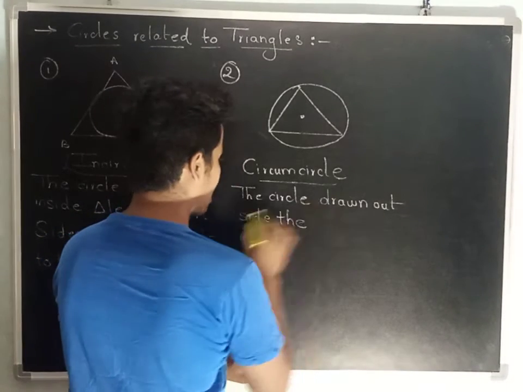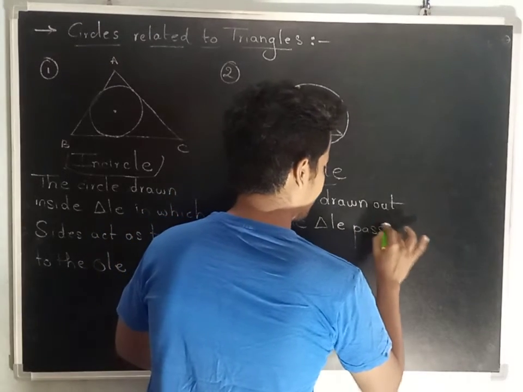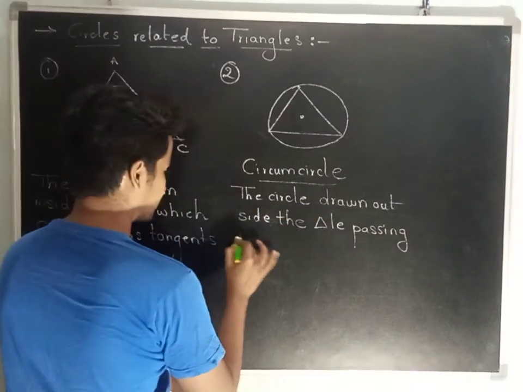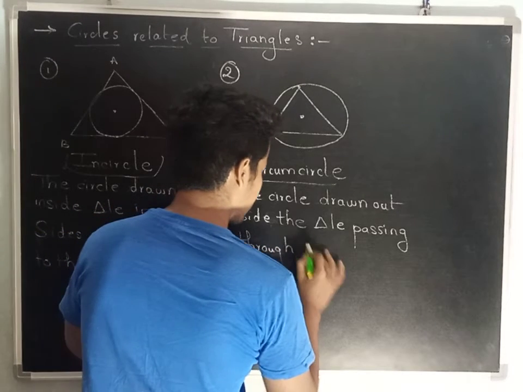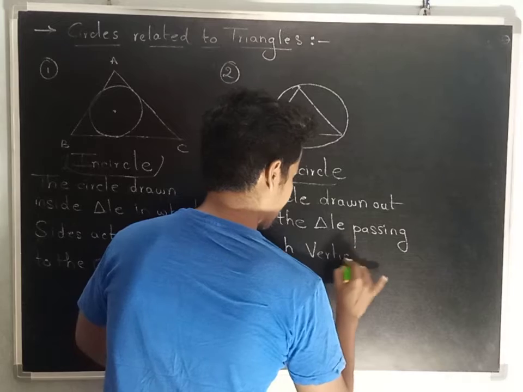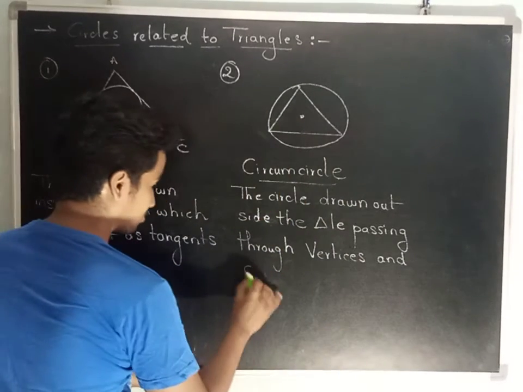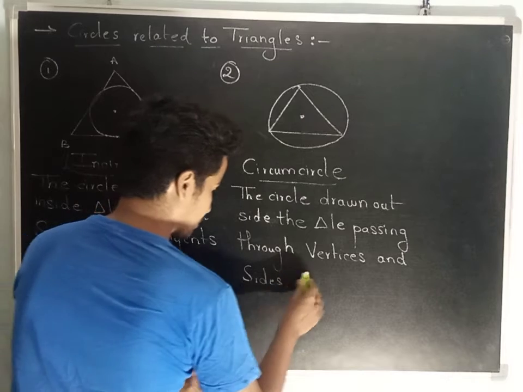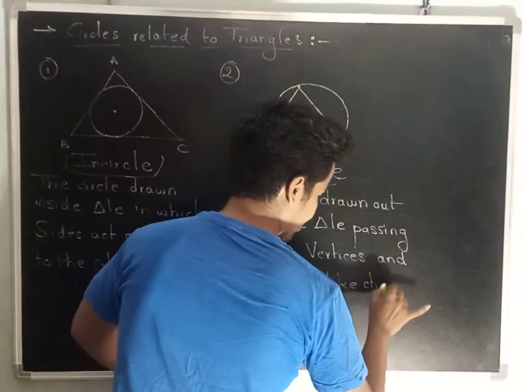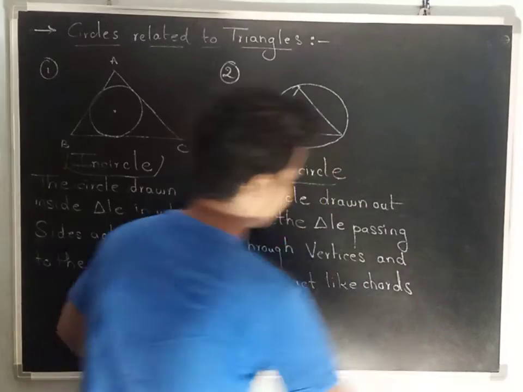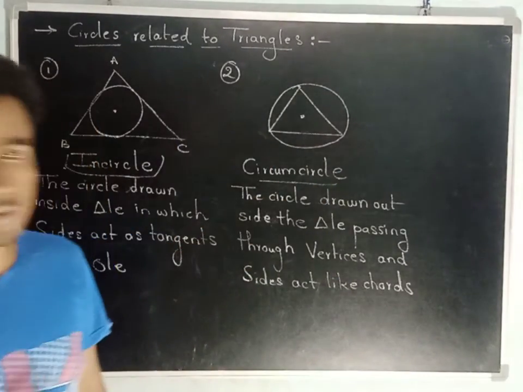The circle drawn outside the triangle, passing through vertices, and sides act like chords. Such type of circle is called as a circumcircle.